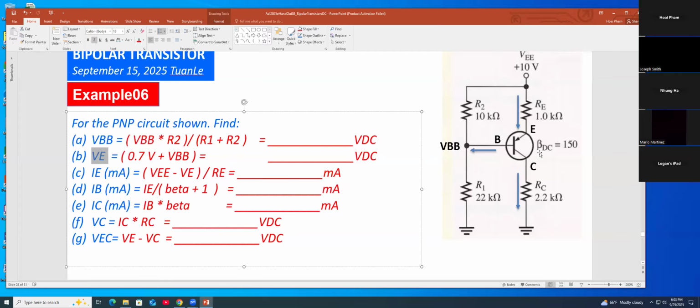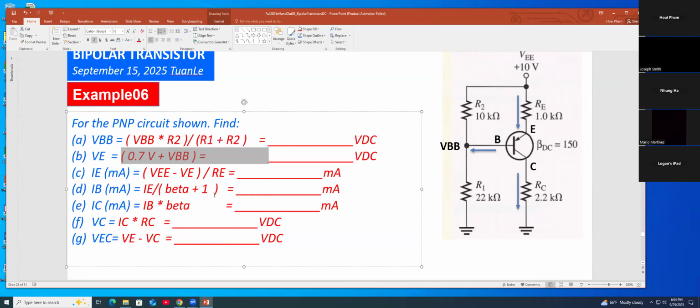If you're looking here, this is the emitter, the base, the collector. VE means from emitter to the ground. So from the emitter to the base, you get a diode, 0.7 volt. Then you add it with VBB. That means you get VE. That's why they give it to you here.